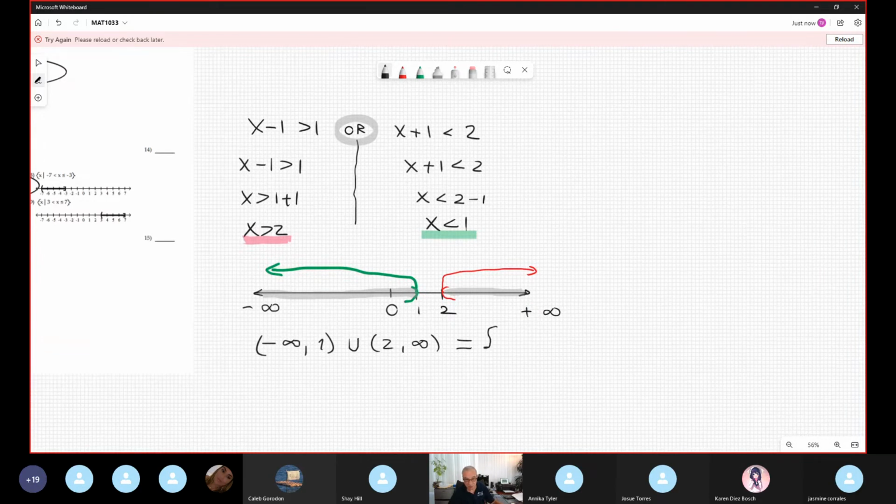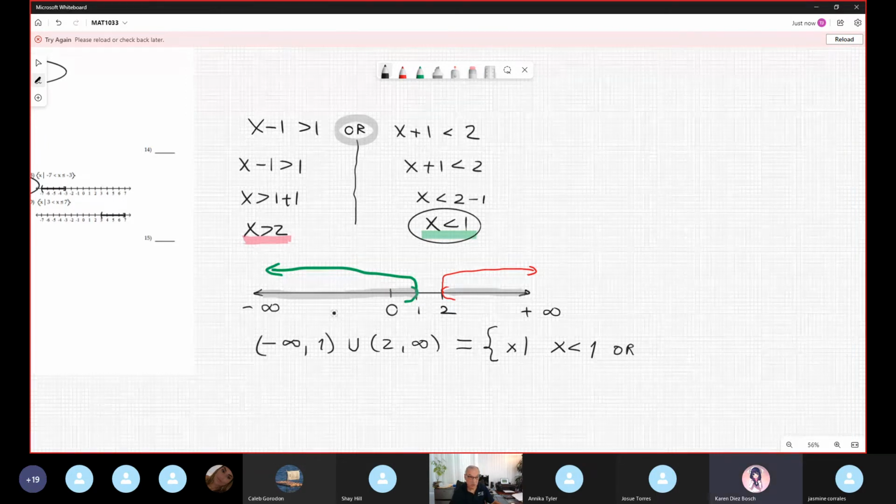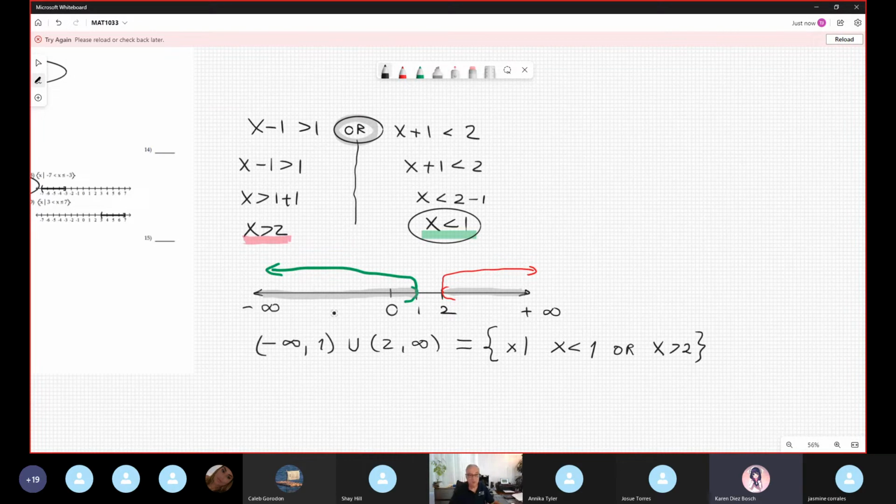Curly bracket x such that, and you put this piece, x less than 1, you copy and paste here. You put or, because the conjunction is obvious, and you copy the second piece. Boom, final answer. Three different ways to indicate the same idea: interval notation, set builder notation, and graphic notation. Cool?